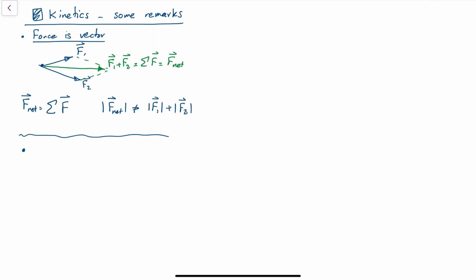Okay. So in Newton's second law, we saw that the sum of forces equals mass times acceleration of the particle. And now we'll see it in a vector form.